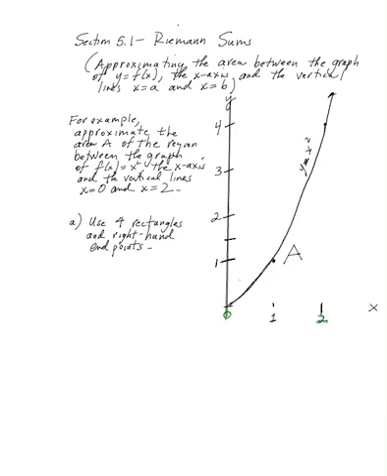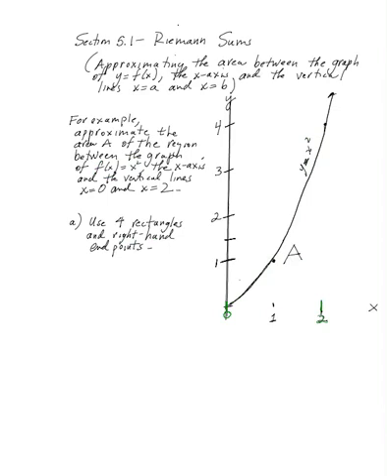In other words, I'm considering this graph between the vertical line x equals 0, which is the y-axis, and the vertical line x equals 2. And I want to know approximately what is the area on this interval from 0 to 2.